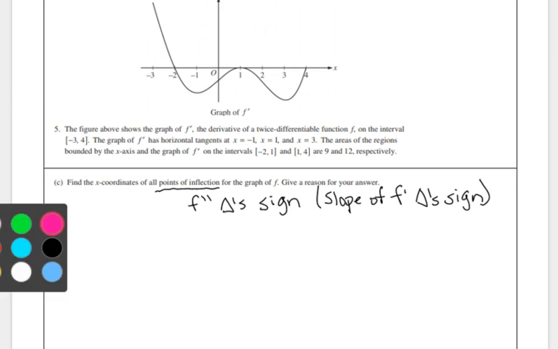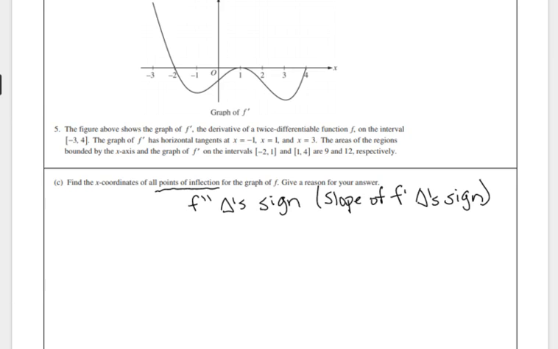So let's take a look at this here. So we know that the slope is negative along this interval and along this interval, and the slope is positive here, here. So if we look for those points of inflection, we're looking at -1, +1, and 3.